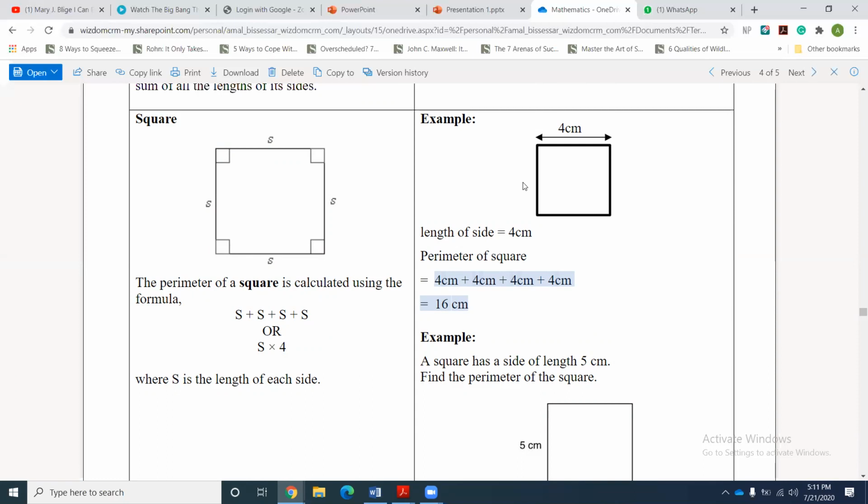The concept is that if you were asked to find perimeter, it means walking the top, which is 4, walking this side, which is 4, walking the bottom of the shape, which is 4, walking on this side, which is also 4, and ending up with 4 plus 4 plus 4 plus 4. That's how they got the 16. In an examination, because you have to finish quickly, you don't have time to say, well, 4 plus 4 plus 4 plus 4. So you say 4 4s, 16, side by 4.